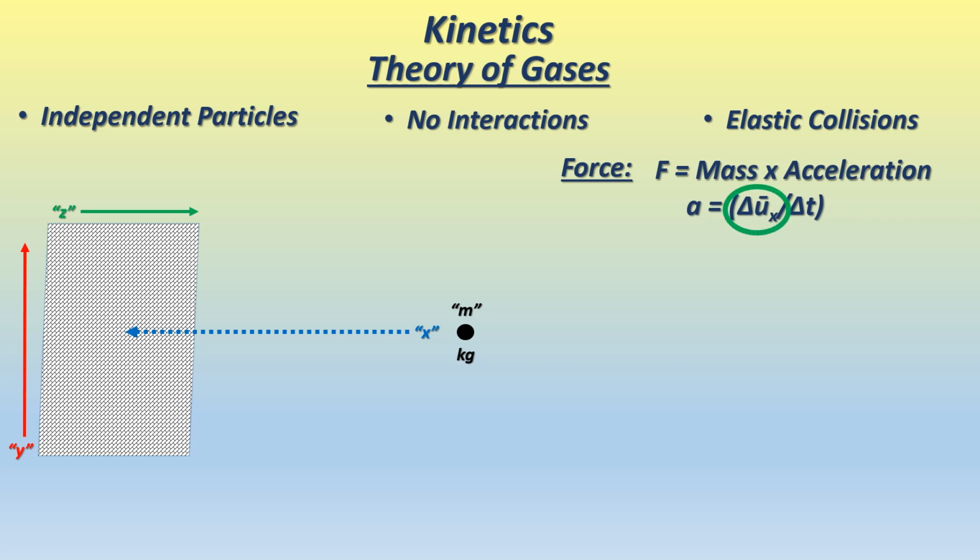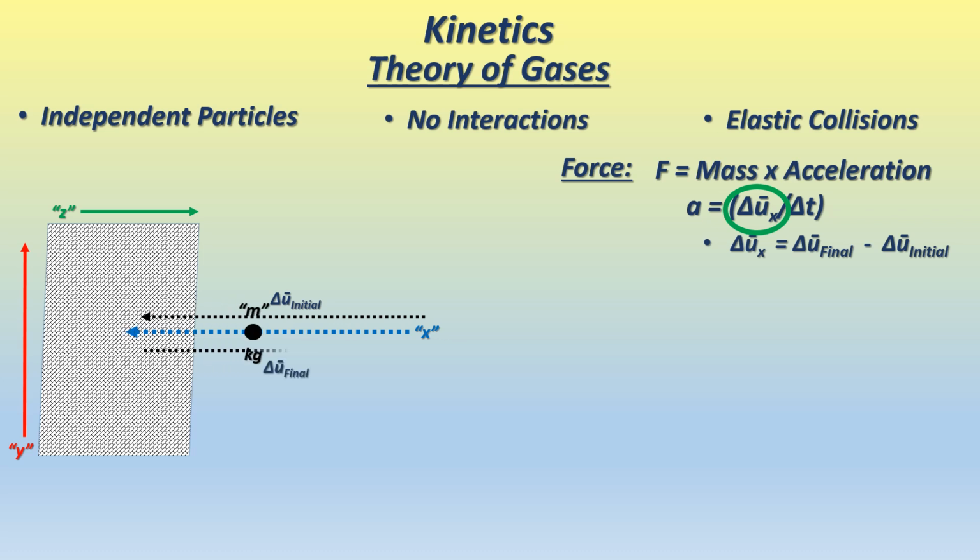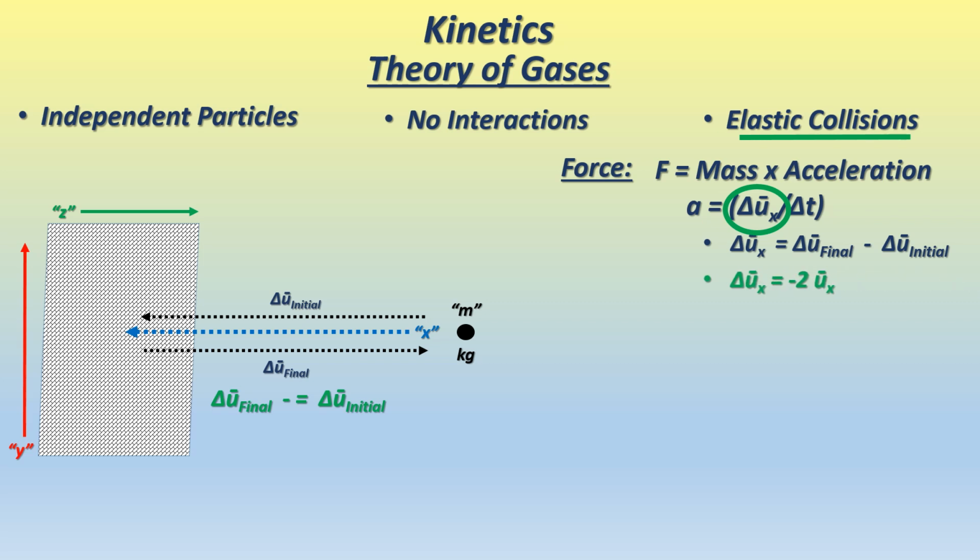Since I have an elastic collision, the change in velocity, u final minus u initial, the particle will move in and move out at the same velocity, but the direction will change. So the velocity in the final motion, moving back, will be equal but opposite to the initial velocity. Therefore, the change in velocity for the system will be minus 2 times the average velocity.